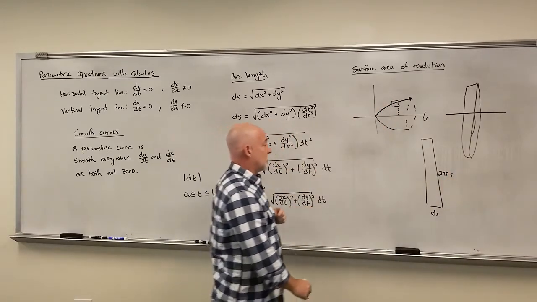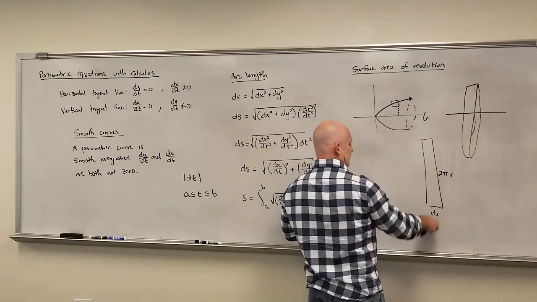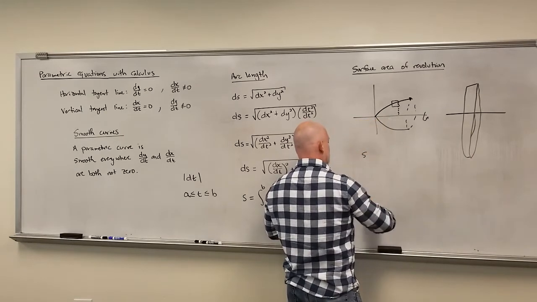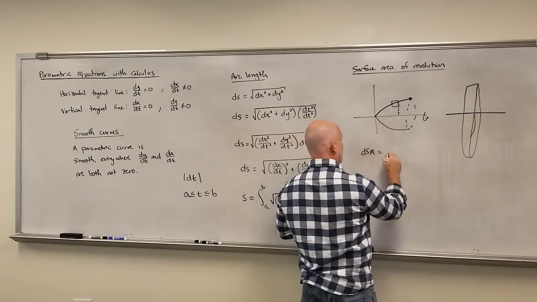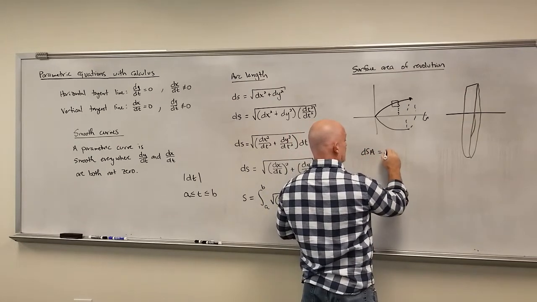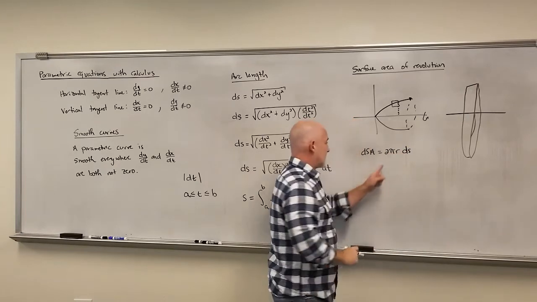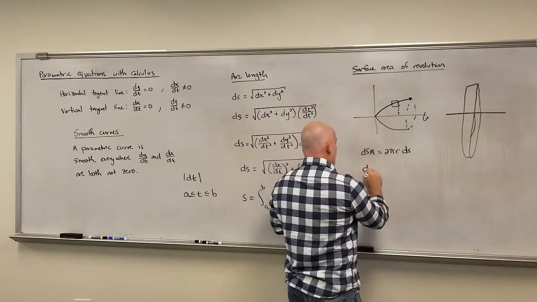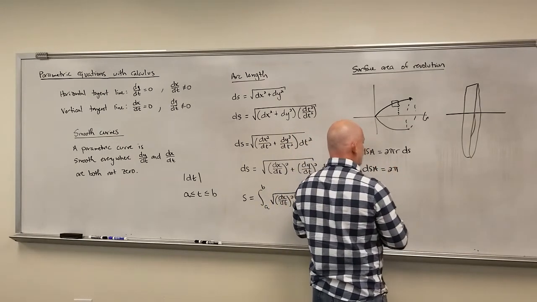So that was it. Since we've done this before, we can see a small piece of the surface area would be 2 pi r ds, right? Just length times width of that rectangle I just drew. So dSA would be, well, 2 pi is going to be a constant, so I'm going to pull that out front.